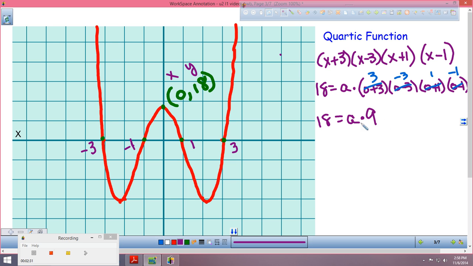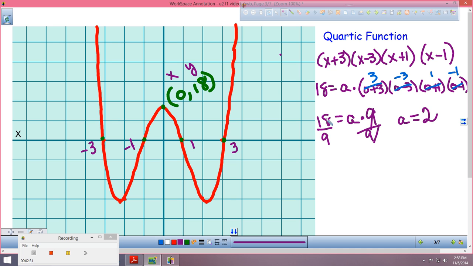So I have a times 9. Solving for a, the opposite of times 9 is divide by 9, so I'm going to divide each side by 9, and I know that my a value is equal to 18 divided by 9, which is 2.